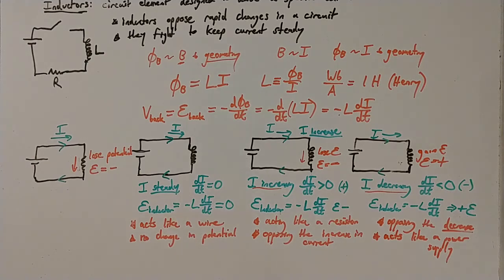They do not like change. They are trying to always keep things as steady as possible. So hopefully this gives you a little better understanding of how all the signs work mathematically, and also conceptually how we understand inductors. So there you have it.